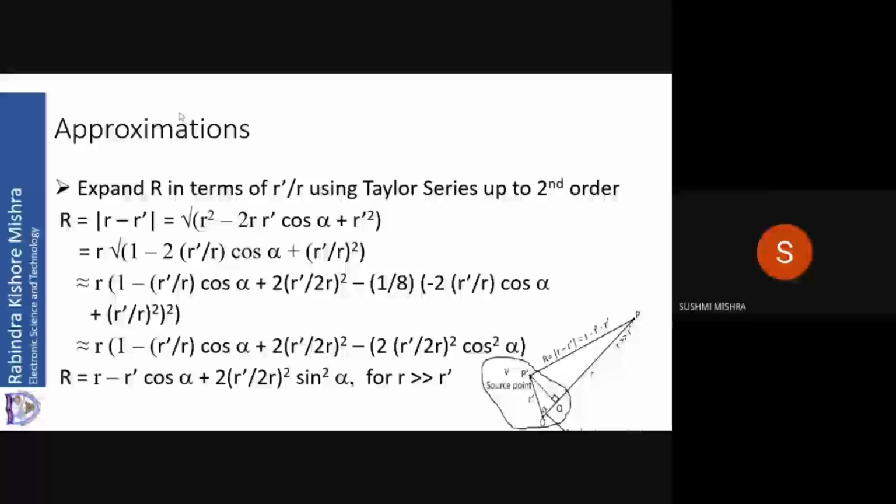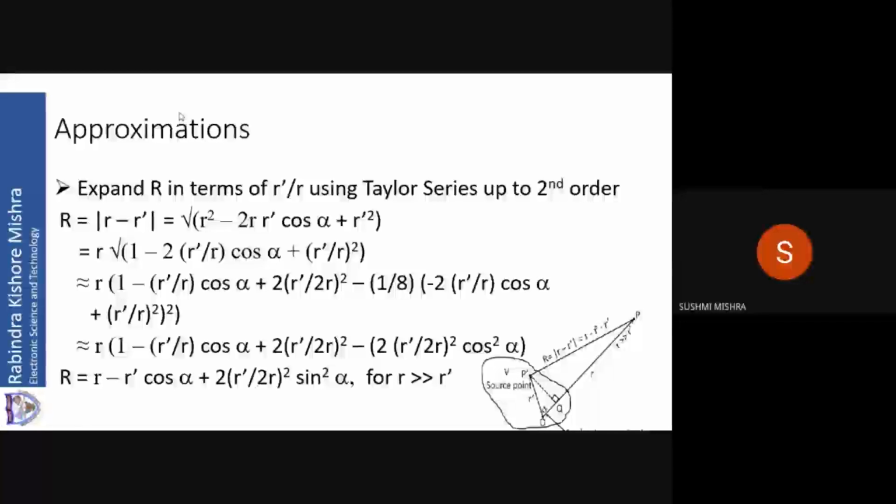Therefore, under Taylor series approximation, using Taylor series expansion, keeping only up to the second order term, all other higher order terms we are neglecting. Reason is all other higher order terms will have r square, r cube or r4 etc. in their denominator.